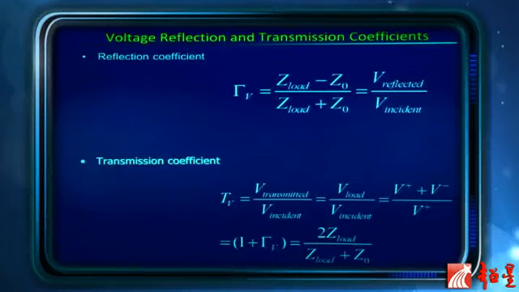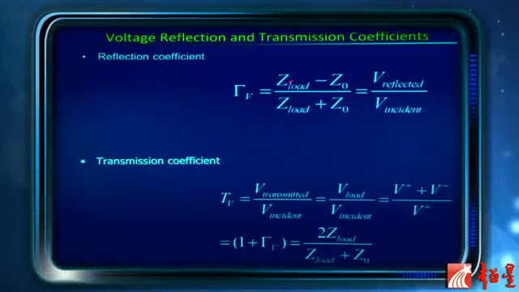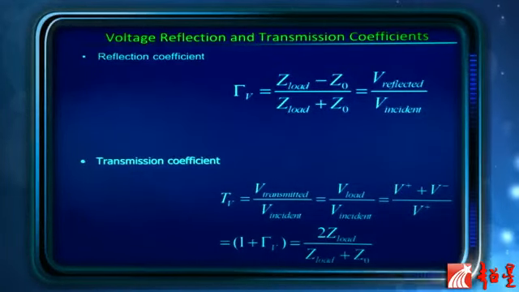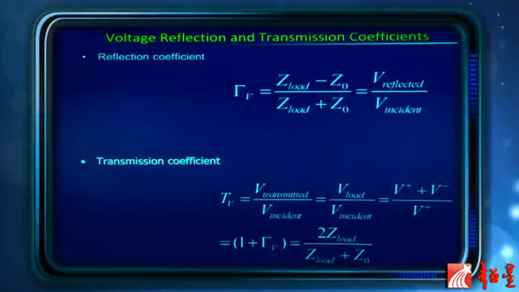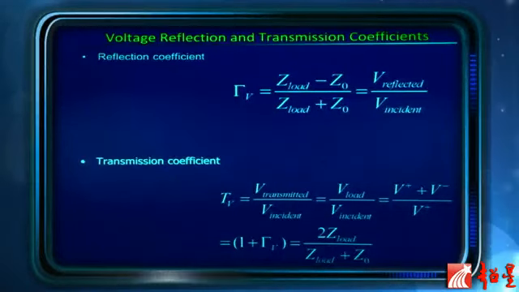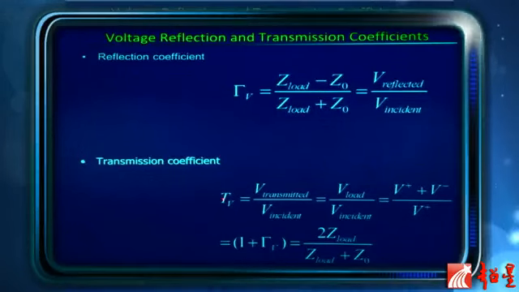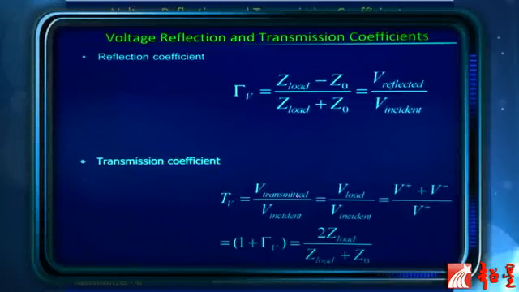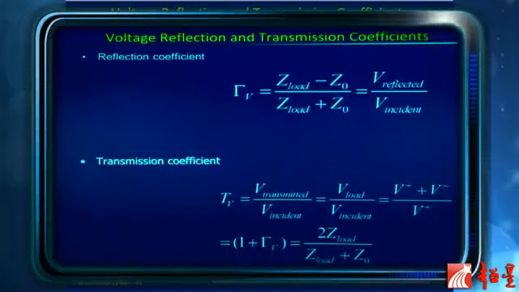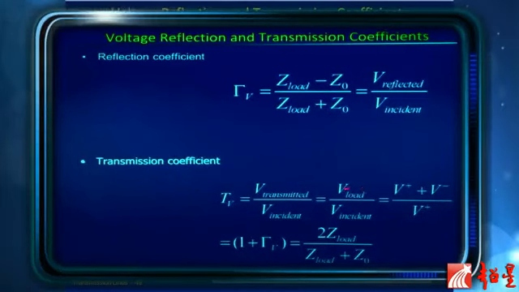If the load impedance is just a resistor, then the reflection coefficient is a constant, a real number. If the load impedance is not a pure resistor, we can use phasor analysis, and the reflection coefficient can be a complex number. Given the reflection coefficient, we can also define the transmission coefficient, the percentage of the incident wave transmitted to the load, which means the load voltage.